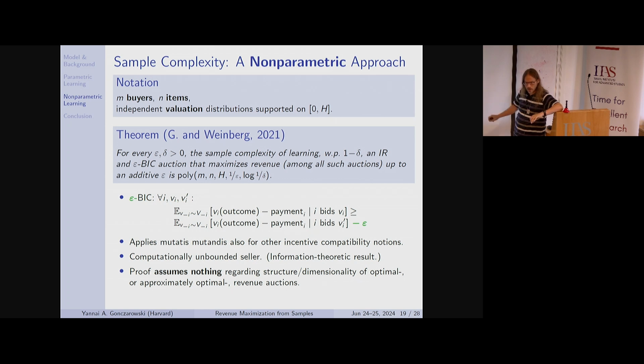Sure, okay, but what if the revenue you can get by relaxing BIC by epsilon is higher than epsilon? Can you win in revenue here? No, but either way, you should get epsilon close to the optimal. What I'm saying is the optimal changes, right? What you should get changes as well.